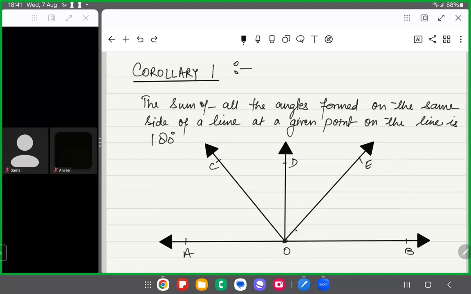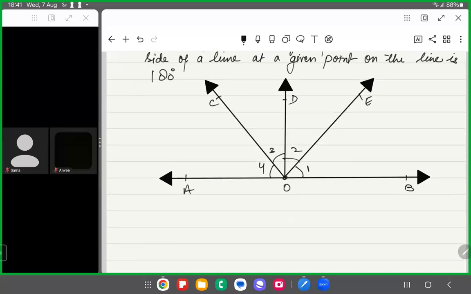That means, suppose this is angle 1, angle 2, angle 3, angle 4. So what will be the sum of these angles? Angle 1 plus angle 2 plus angle 3 plus angle 4 will be equal to 180 degrees, right? So their sum will always be equal to 180 degrees.